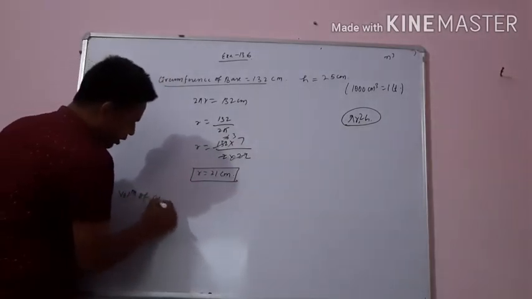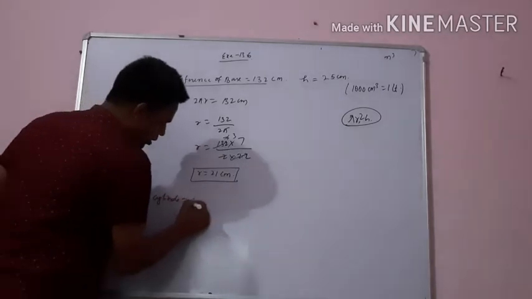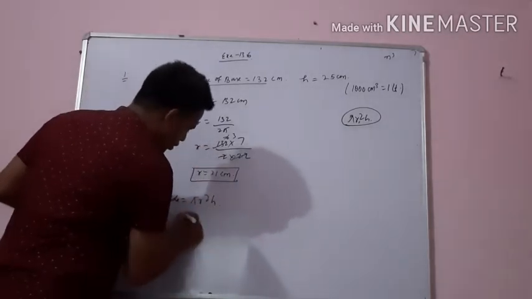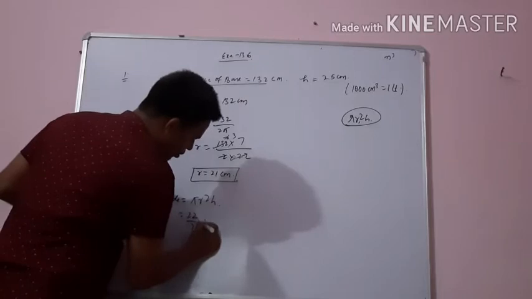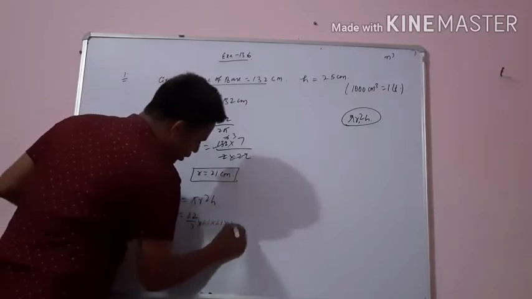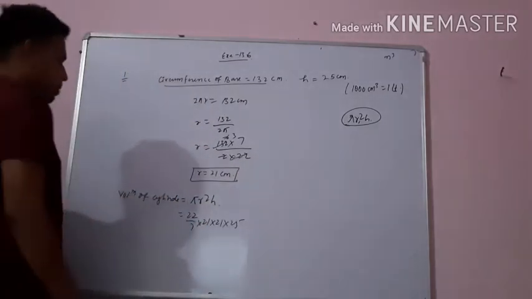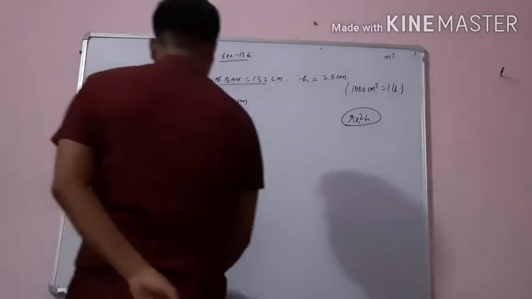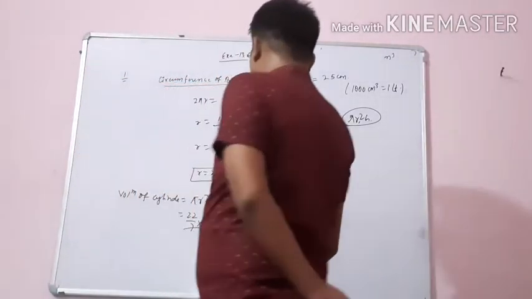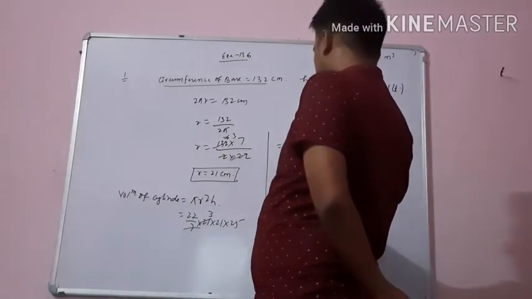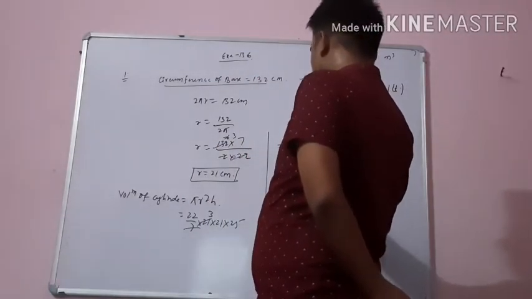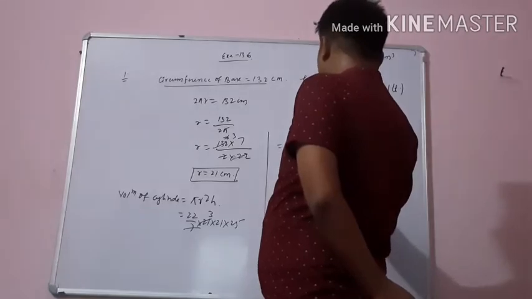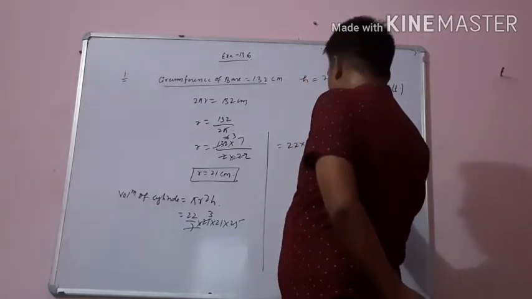Now the volume of the cylinder will be pi r square h, 22 upon 7 into 21 into 21 into 25. Cancel off 3, and that equals 22 into 3 into 21 into 25 centimeter cube.